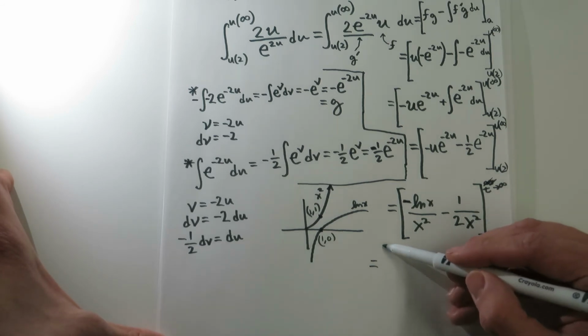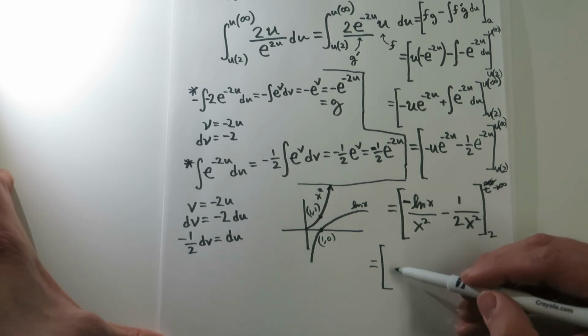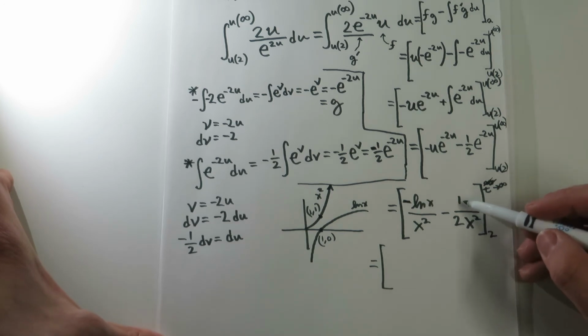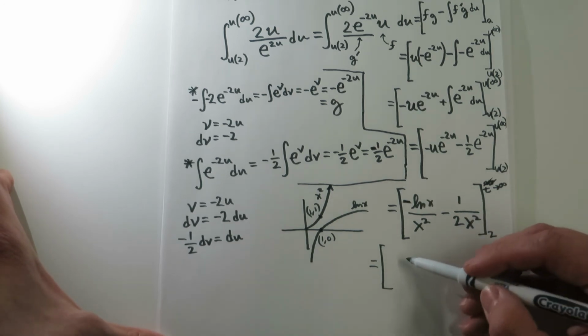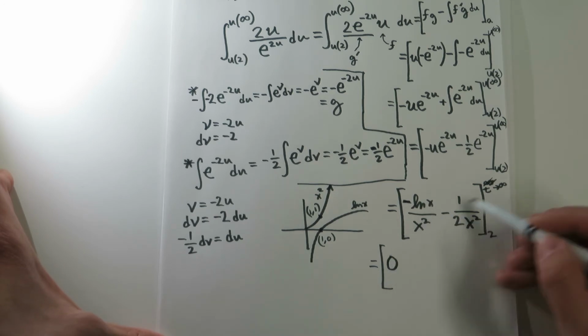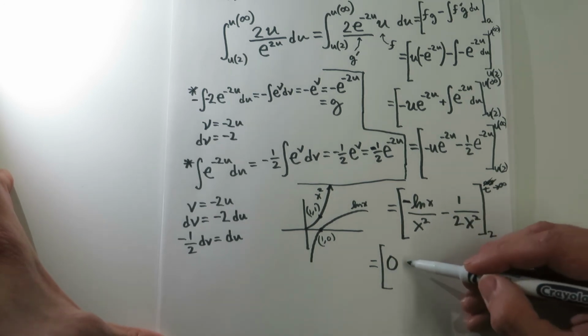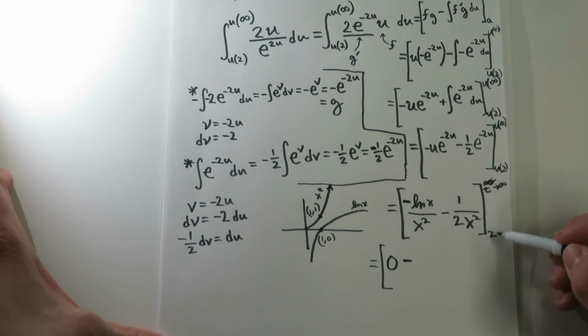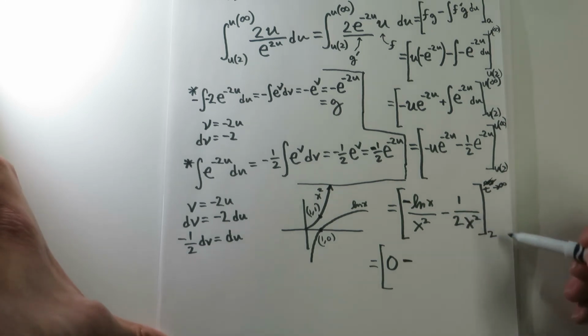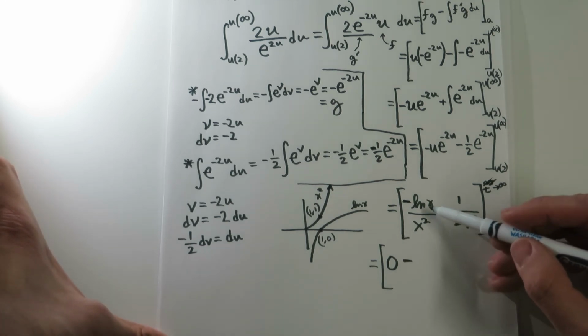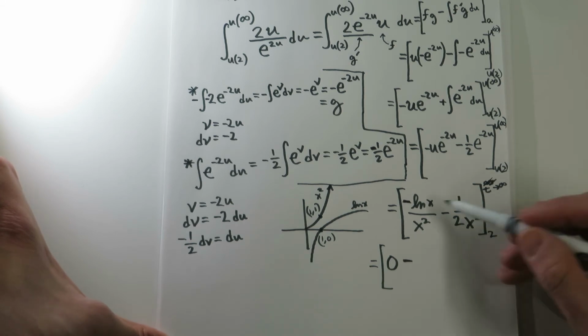So this whole thing is just 0 when we evaluate this at infinity. Obviously, 1 over infinity squared is just going to go to 0 as well. So this is just 0 when we evaluate at infinity, minus this evaluated for our lower bound at 2.